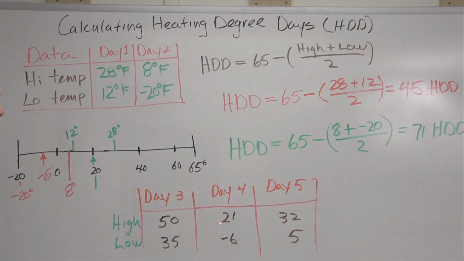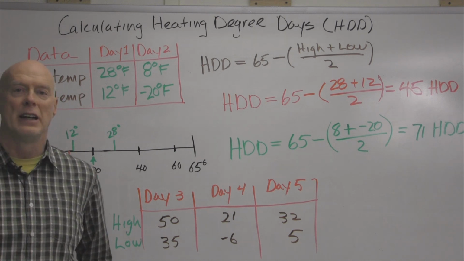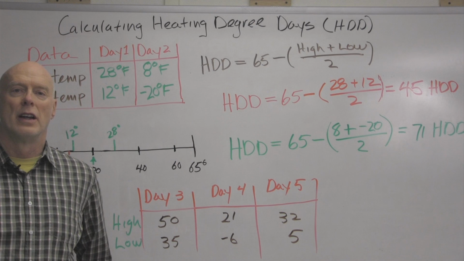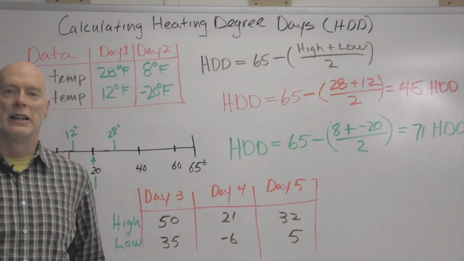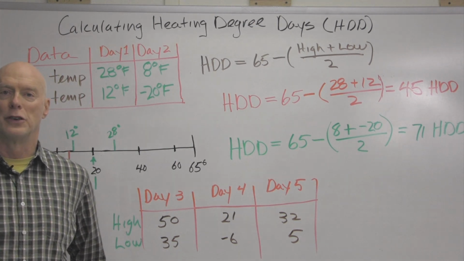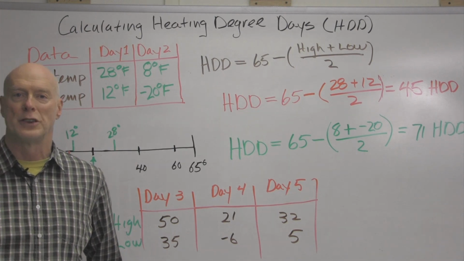Day 4 has a high temperature of 21 and a low temperature of negative 6. And day 5, high temperature 32, low temperature 5 degrees. Please tell me what those 3 heating degree day totals are for those days. And we'll ask you some questions about that.